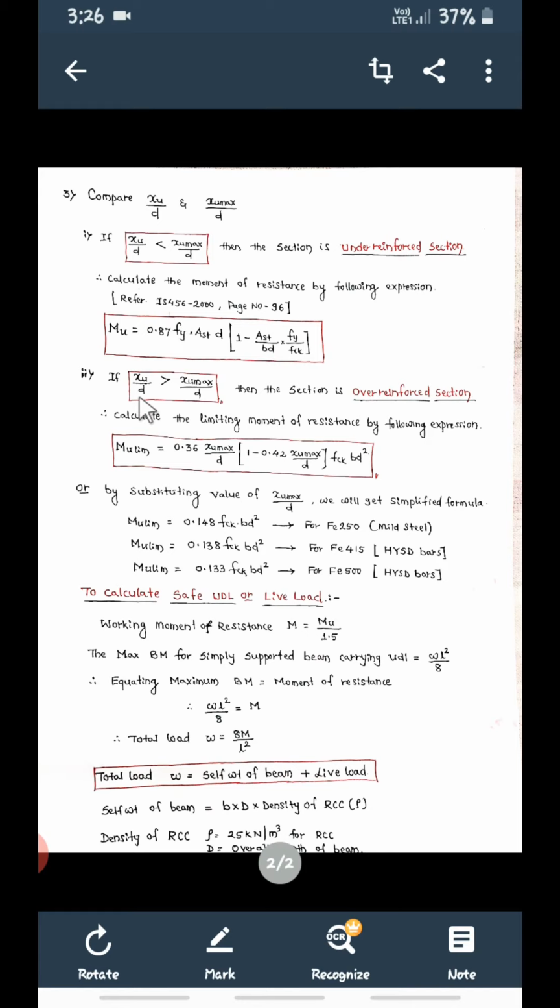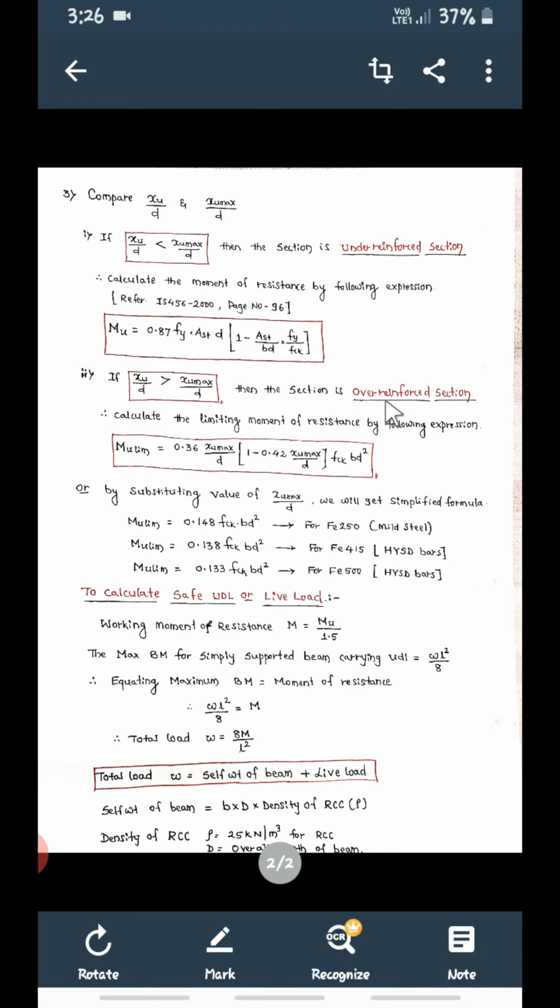Directly come to this second step in this case. Then calculate the limiting moment of resistance. If it is under reinforced, it is Mu. If it is over reinforced, it is Mu limit.